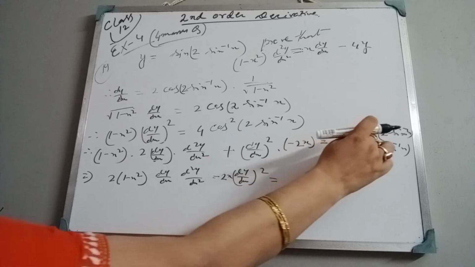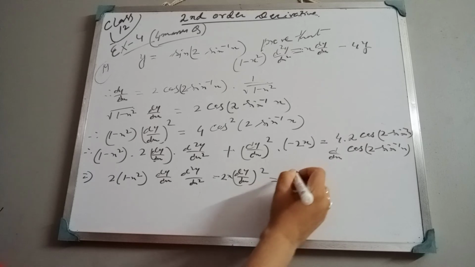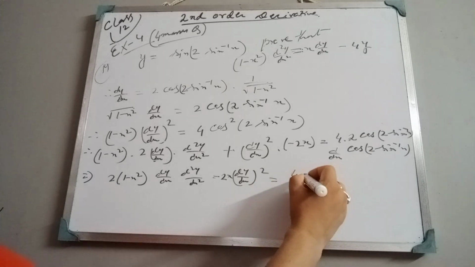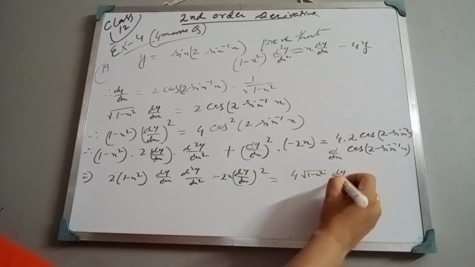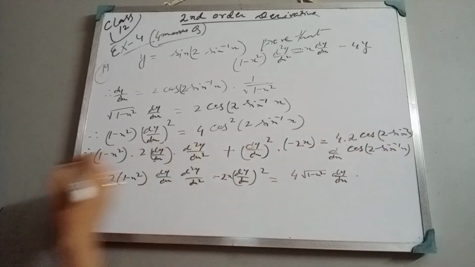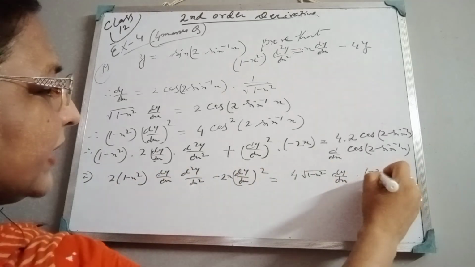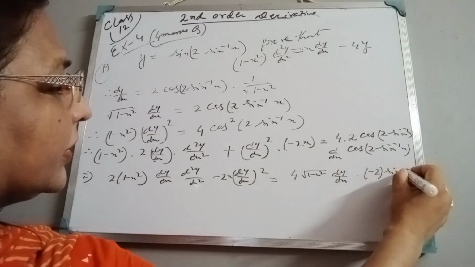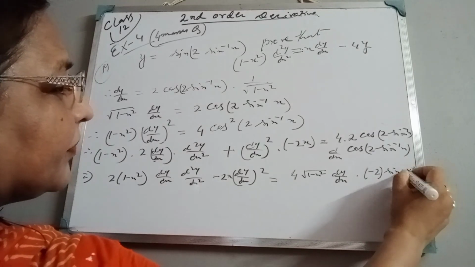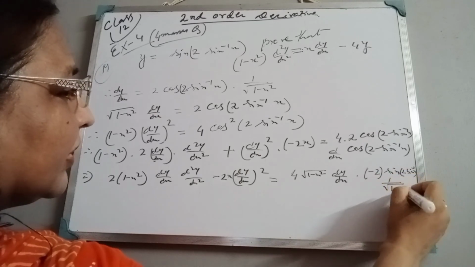Here, instead of this 2 cos 2 sine inverse x, we will put this value. Then we will get 4 into square root of 1 minus x square dy/dx into d/dx of cos 2 sine inverse x, which means minus 2 sine 2 sine inverse x into d/dx of sine inverse x, or write it 1 by square root of 1 minus x square.